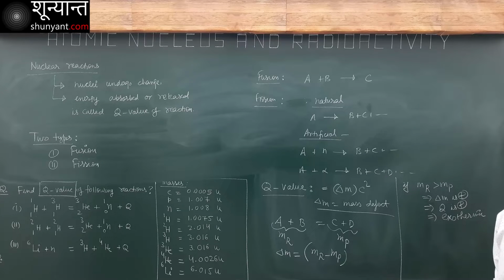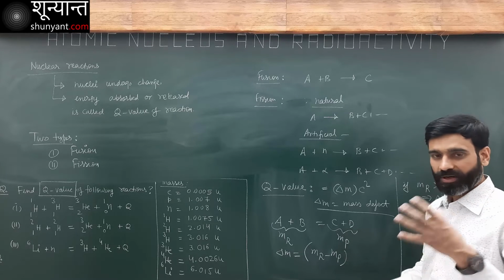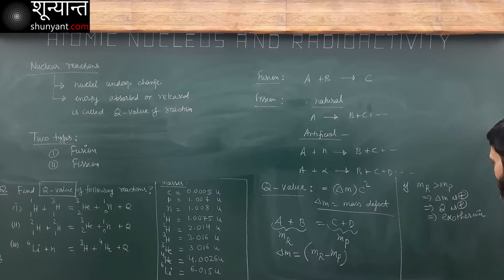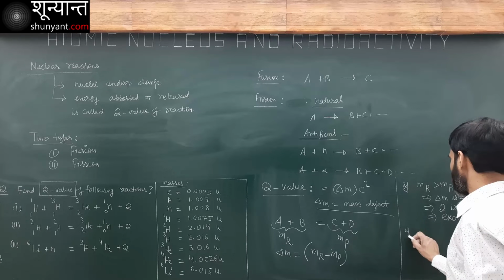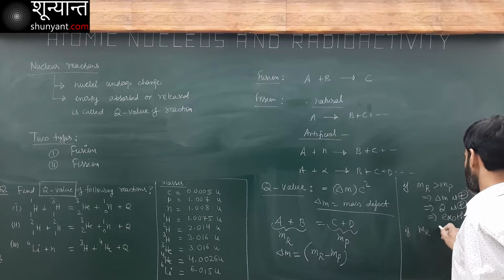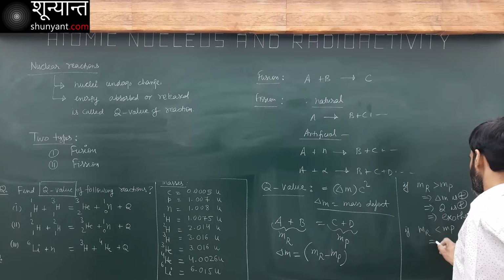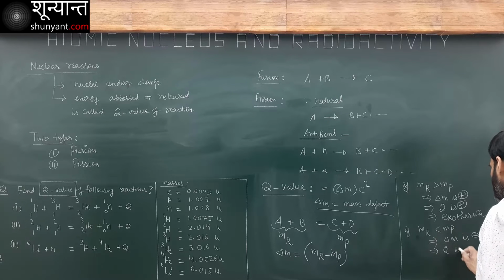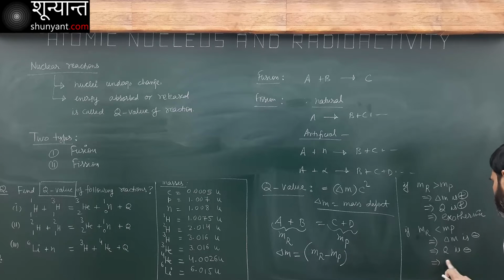Energy will be released, so it is exothermic. And if the mass of reactants is less than the mass of products, then delta M is negative, Q is negative. That means it is endothermic.